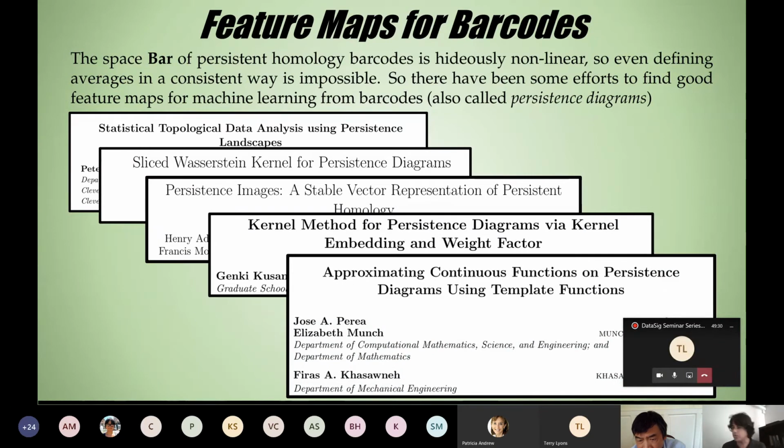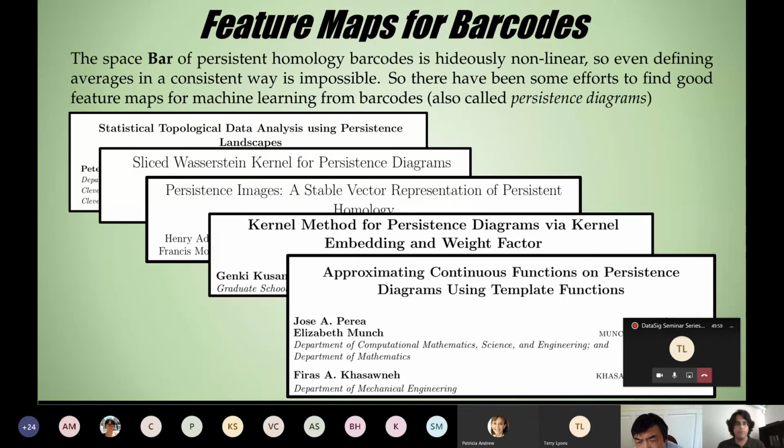And when there's someone from the Department of Mechanical Engineering who thinks that you need a feature map, you are desperate. And there's so many of these. These are just 5 or 6 that I've chosen here. But I think in the last year, there have been 3 or 4 others, ways of converting these barcodes, or persistence diagrams as they're also called, into vectors that you can then use in a standard neural network.